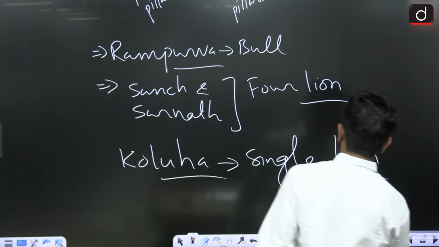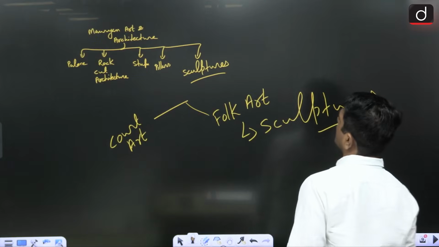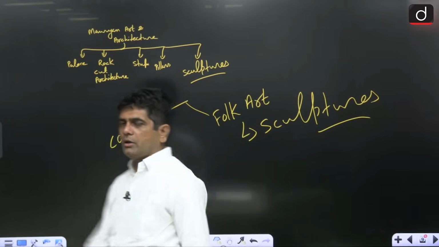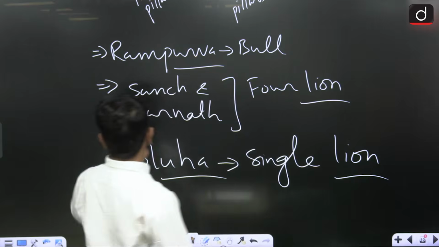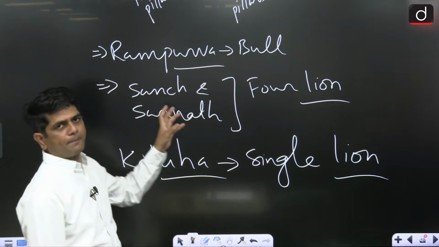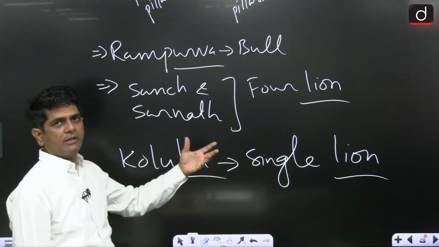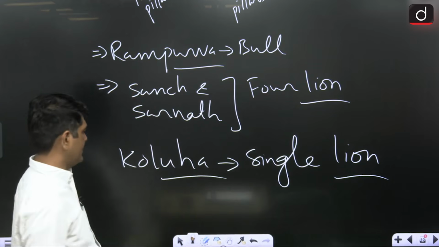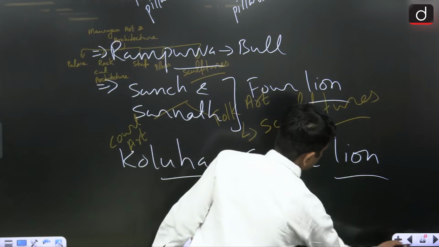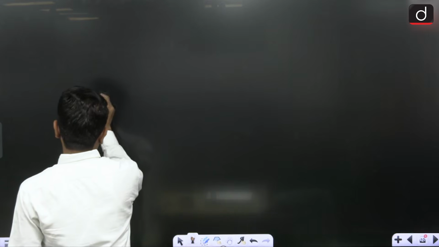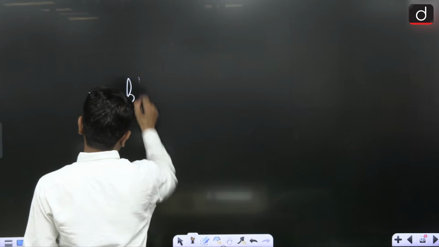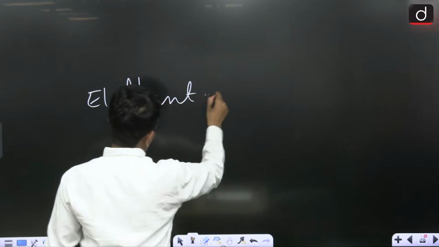Then from here we are moving. Under this sculpture part, I have discussed the sculptures that are part of the pillar architecture. Now, sculptures that are not part of the pillar architecture. So we have the statue of elephant found where?